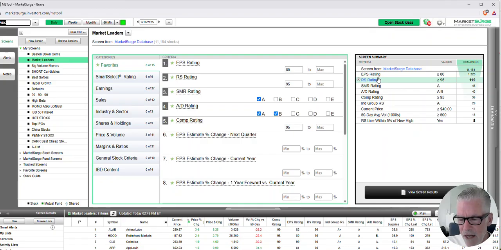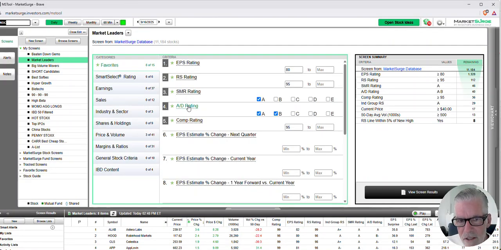And then they spit out numbers in each of those categories, and you just put in a minimum number. Like for relative strength, I want a 90, or for EPS, I want an 80, relative strength 95. SMR rating is an A. That's your sales growth, margins, and return on equity. That's what Warren Buffett would call the moat around the pricing power of the company.